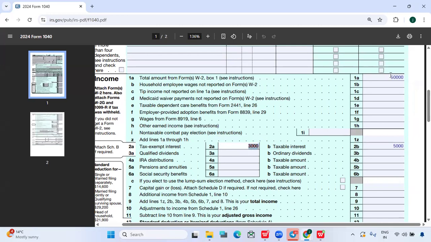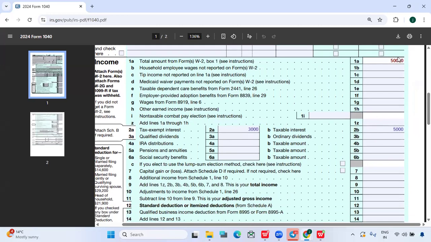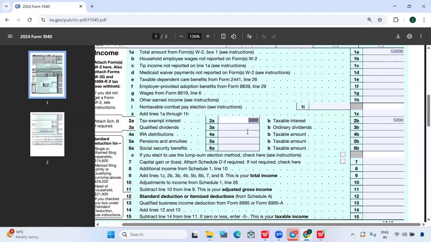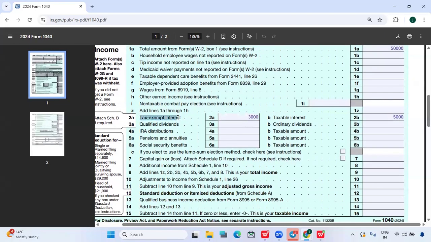In this, total income is 50,000 plus 5,000, which is $55,000. So do we need to include 3,000? No, but we should report it in Form 1040, because this tax exempt interest will be helpful while calculating your Social Security benefit. So for that purpose we include it, even though we are not paying any taxes on the same.